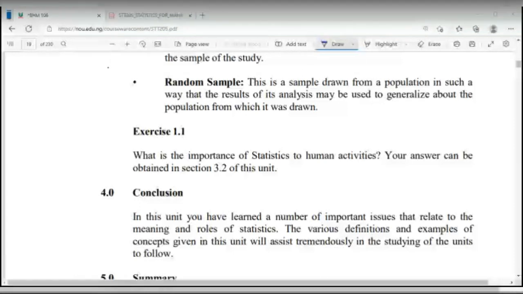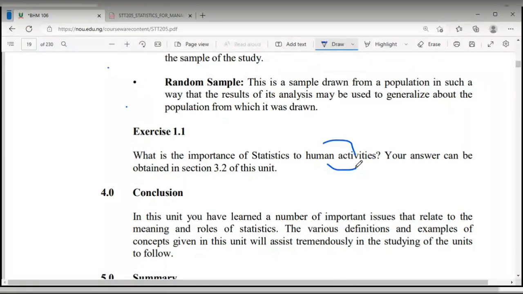Yes, thank you so much. That's the most important thing. So it helps humans in taking decisions on what to do at any given time, how to do it, when to do it, and stuff like that. And if you go to section 3.2, you will get your answer.